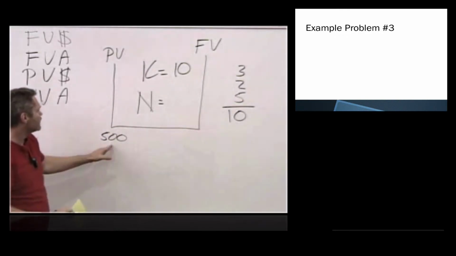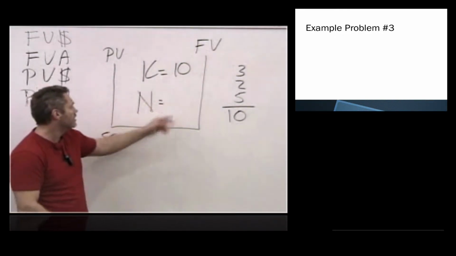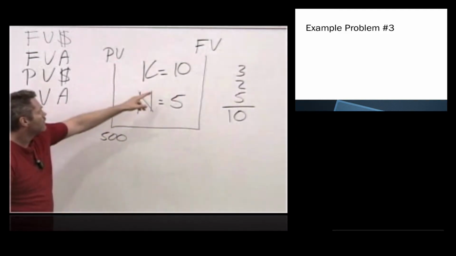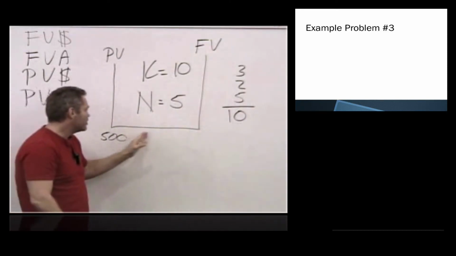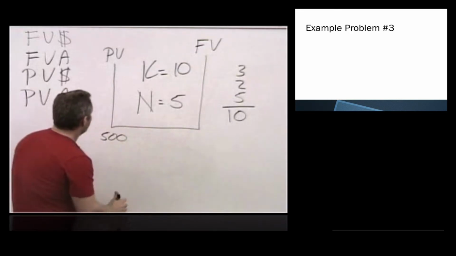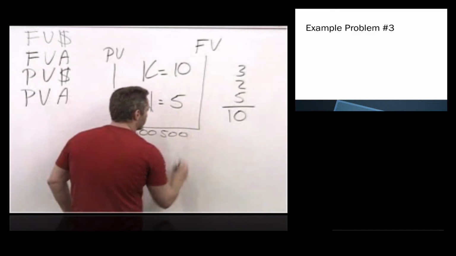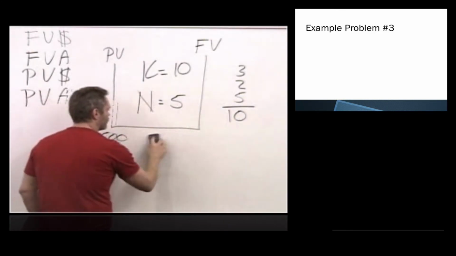And I said I'm investing $500 today, and I want to see how much I have in 5 years. I did not say I'm investing $500 each year or $500 every year. If I'm investing $500 every single year, that is an annuity, right? But this one is not an annuity.